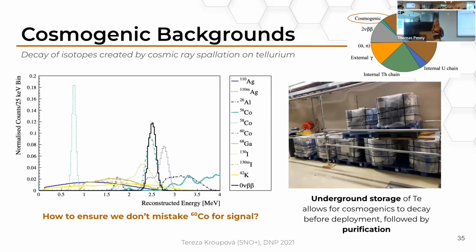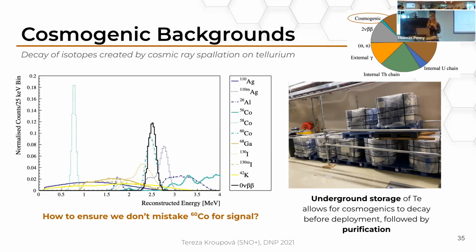So finally, the other reducible backgrounds are the cosmogenic backgrounds. This is decay of isotopes that are created from spallation on the tellurium itself. This is the one background that we can't measure before we have the isotope in. We can measure it externally, but it's not the same tellurium. It's really important to measure this once it's in the acrylic vessel. There are a number of those isotopes that can be created by the spallation.